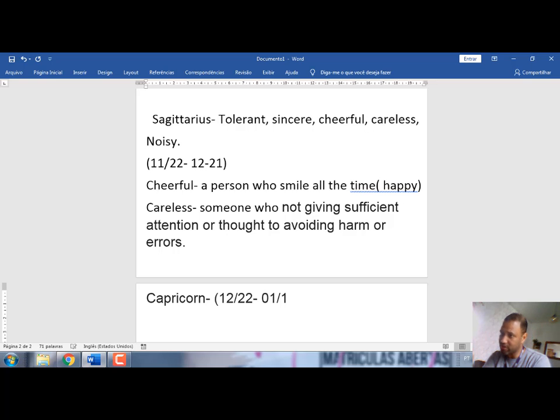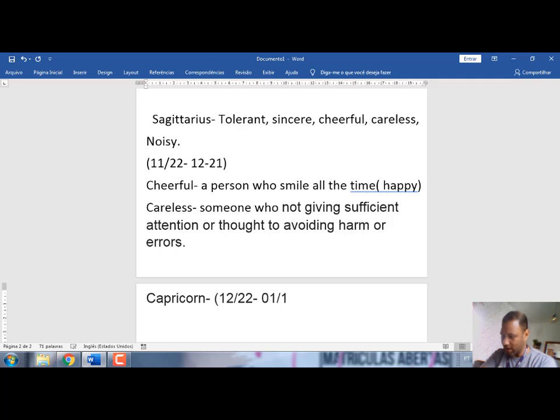Remember, guys, that the intention here is to know how to use more adjectives, right? And we have short and long adjectives here, right? The main idea here is to learn about more adjectives, complex adjectives, all right? And we are using the zodiac signs to help us, right?